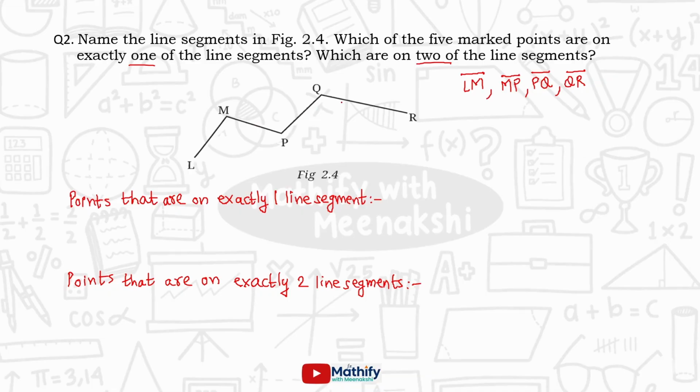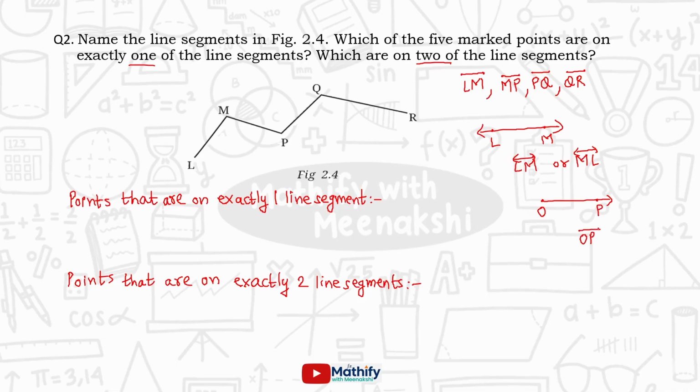One more thing I want to tell you, that while writing the name of a line or line segment, if you have a line, then you can write it as either LM or ML. Similarly, if you have this line segment LM, you can write either LM or ML. But for a ray, like if we have a ray O and P, you have to always write OP.